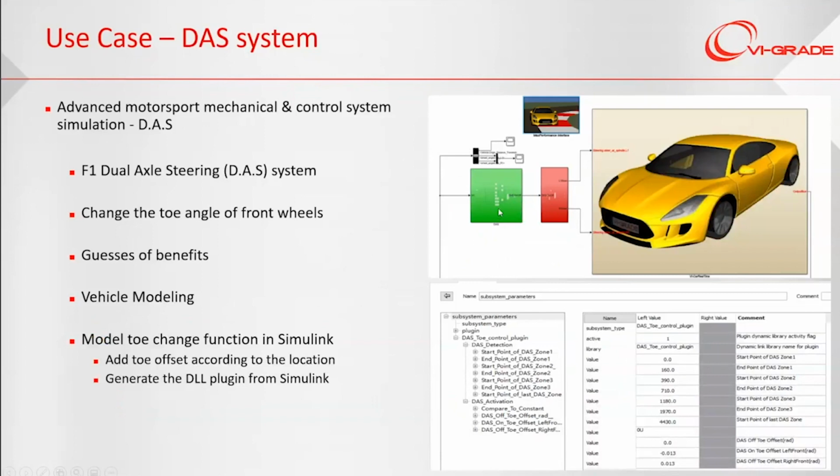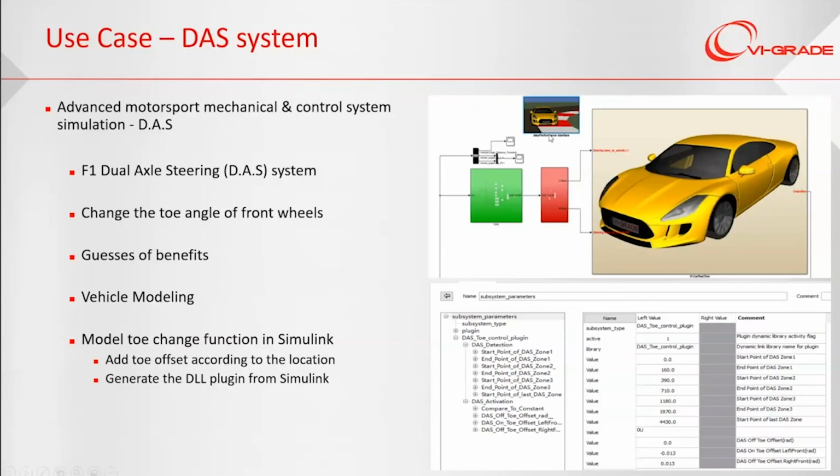Here, the green color code detects the position of the race car on the track. If the race car is in the DAS activation zone, which we predefined, then the red part of the code will change the toe angle of the front wheel directly by adding the toe offset. Then finally, we can make the toe angle get closer to 0.